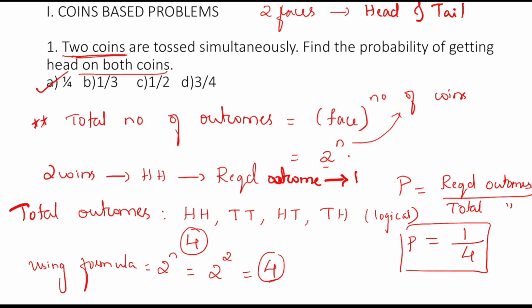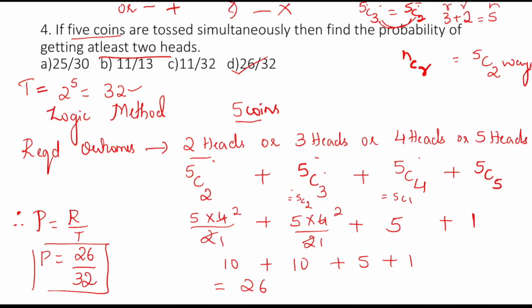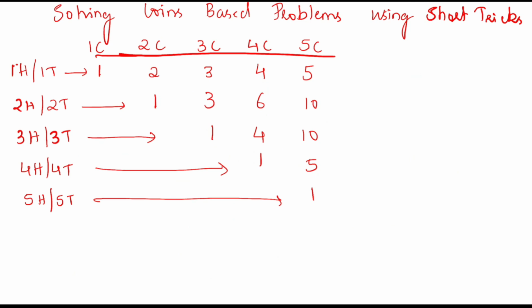Now see the table. 2 coins are tossed means we should see this row. Now they are asking both should be head, isn't it? Both head means 2 heads we want.